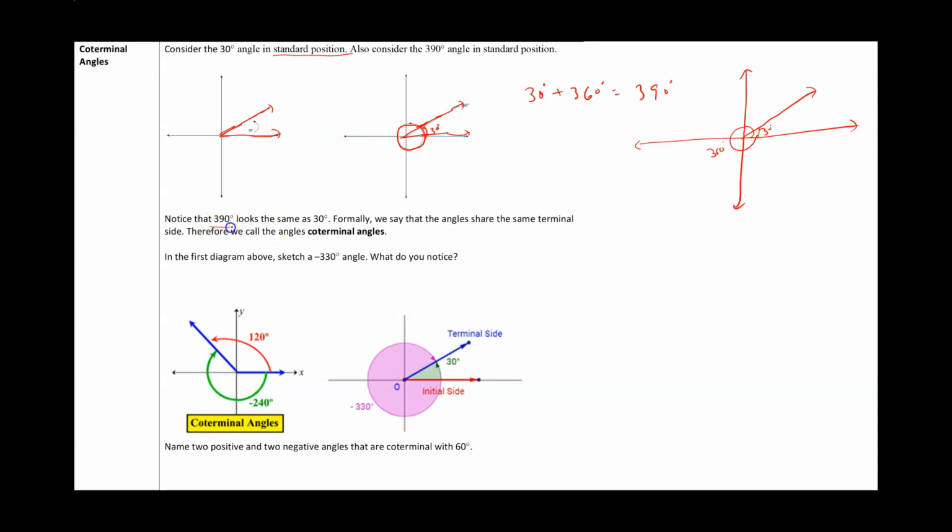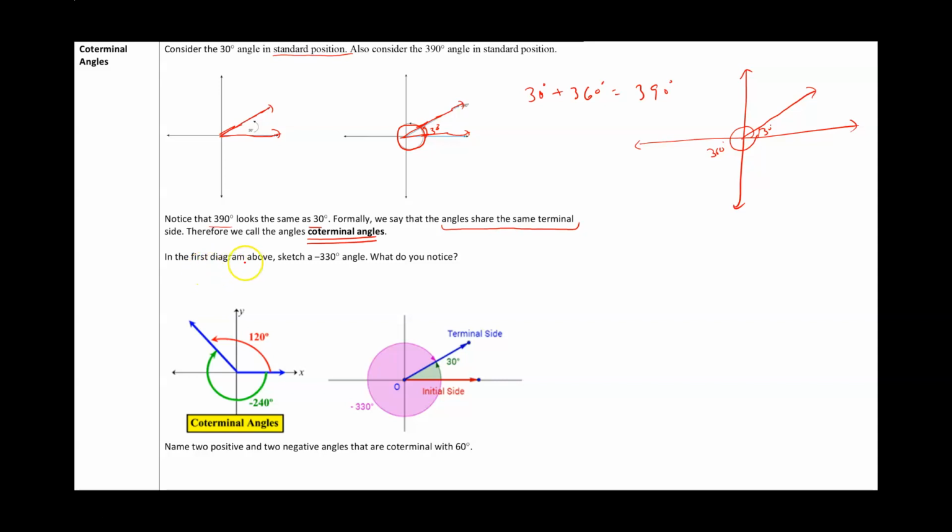So 390 and 30, if we sketch them, they don't look any different. They look like the exact same angle. So formally, we say that angles that share the same terminal side are called coterminal angles. Okay, coterminal angles are angles that share the same terminal side.